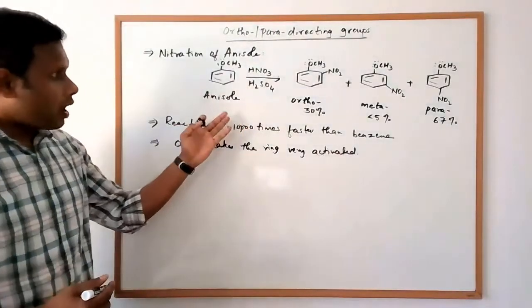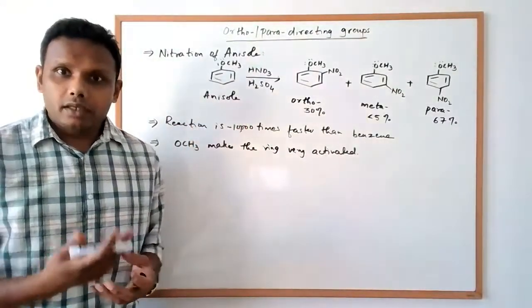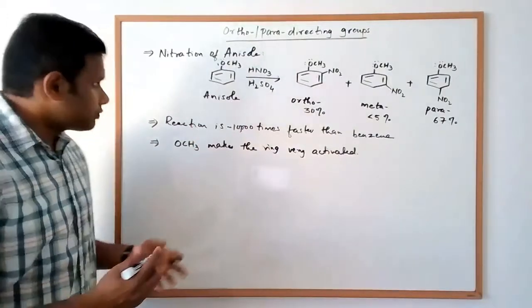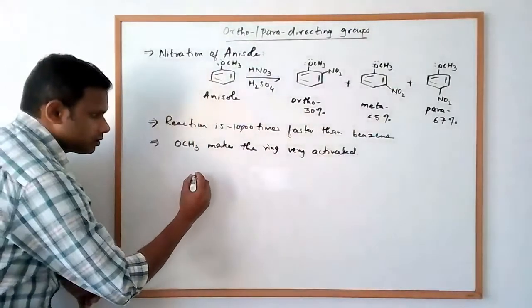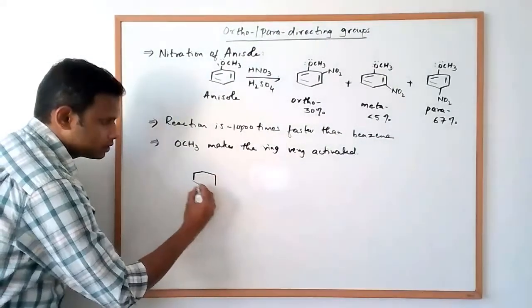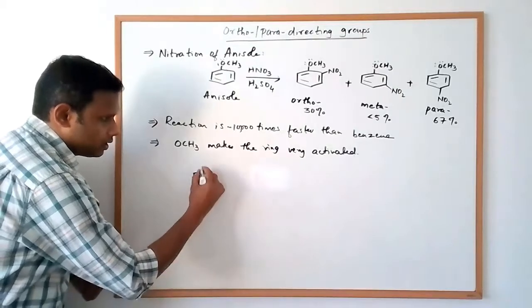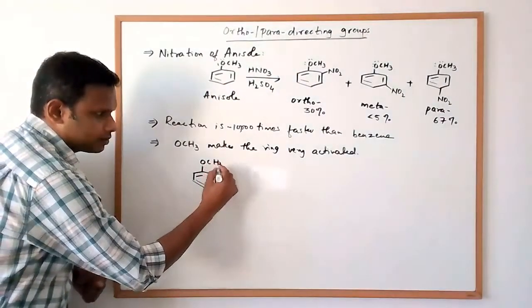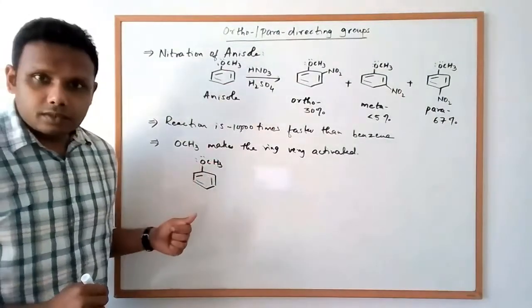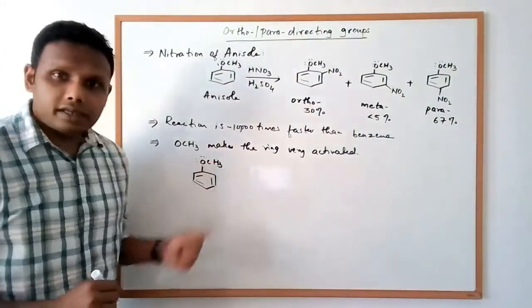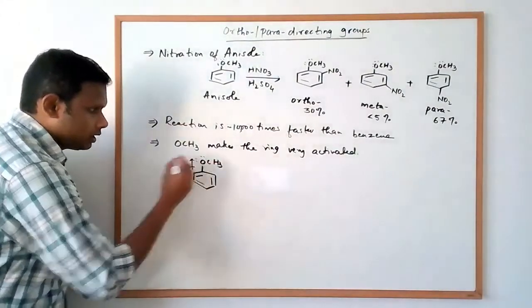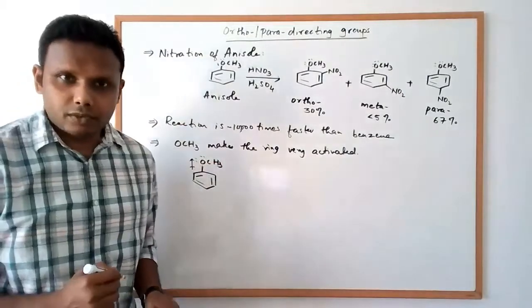So now, how do we understand this? Why is the methoxy group making it strongly activated? As far as the anisole molecule and the methoxy group are concerned, we can see two factors at play here. The oxygen is more electronegative than the benzene ring, so it can withdraw electron density from the benzene ring.